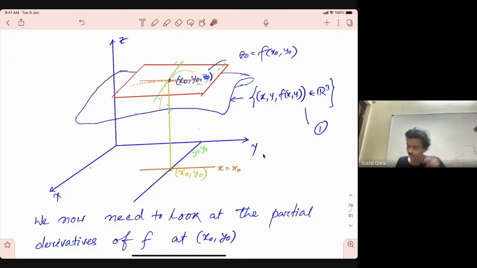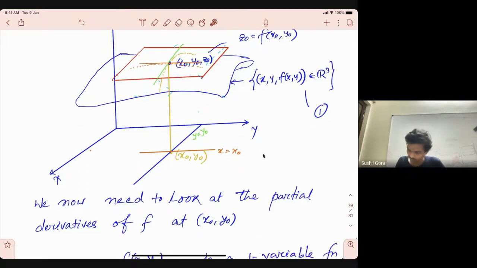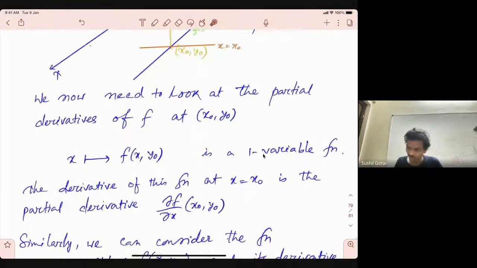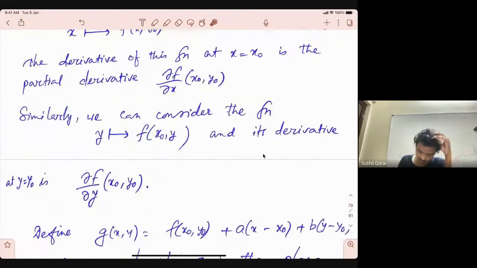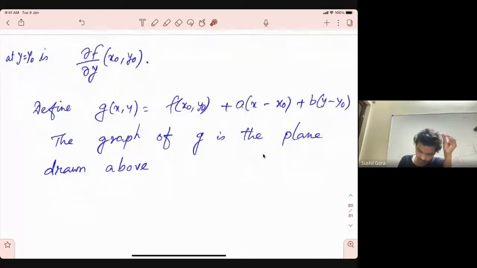Right. So now what we actually want is as follows.